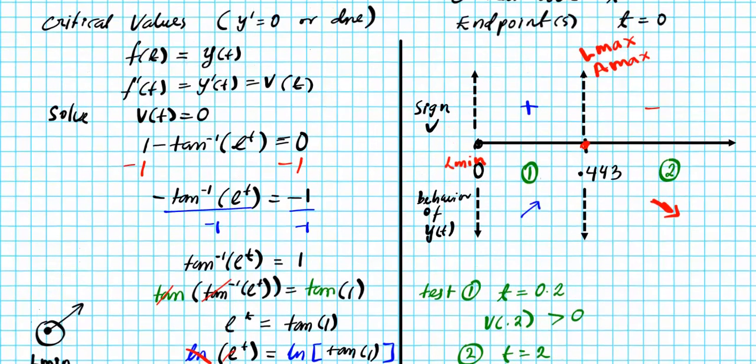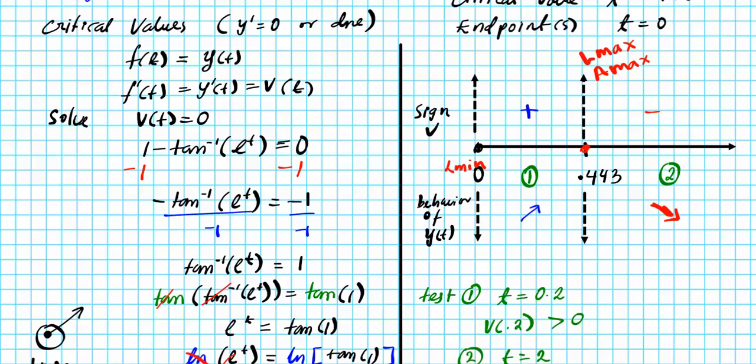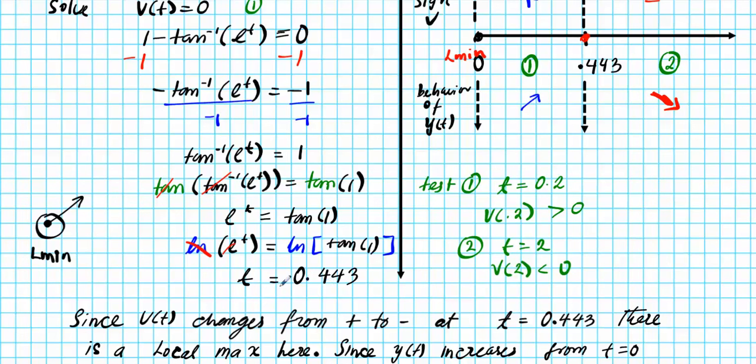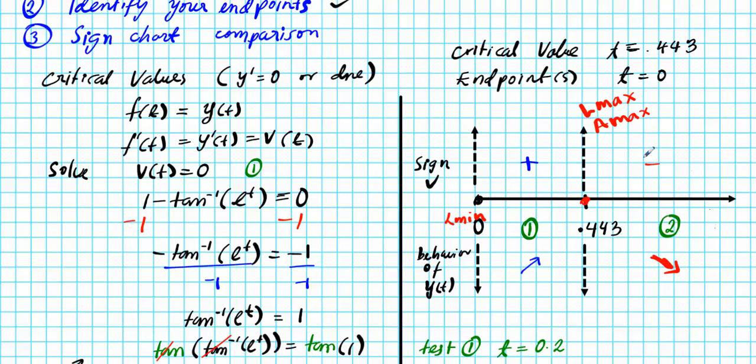To earn your 3 points, first of all, you have to set the velocity equal to 0. Just by setting this equation equal to 0 to find your critical points, you earn 1 point. And then if you acknowledge that this value right here, t equals 0.443, is a candidate for determination of the maximum, so like stating critical points and endpoints here, you earn another point just by acknowledging this value as something to consider.